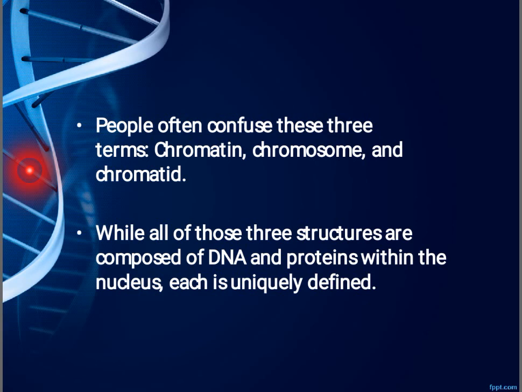Now, I will speak about chromosomes. Chromosomes are single stranded groupings of condensed chromatin. During the cell division process of mitosis and meiosis, chromosomes replicate to ensure that each new daughter cell receives the correct number of chromosomes.